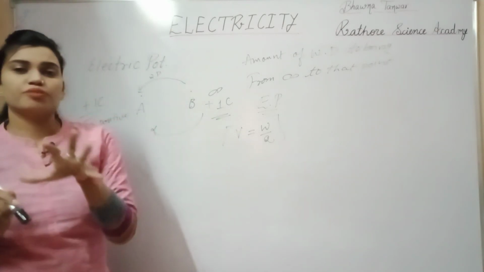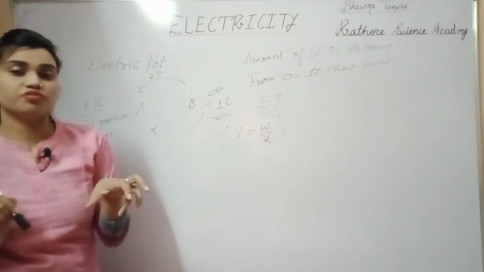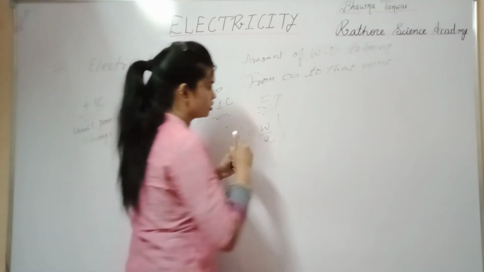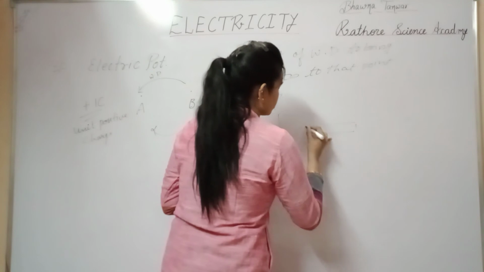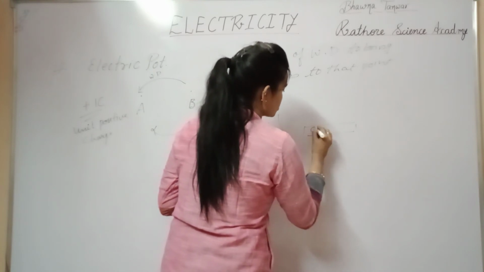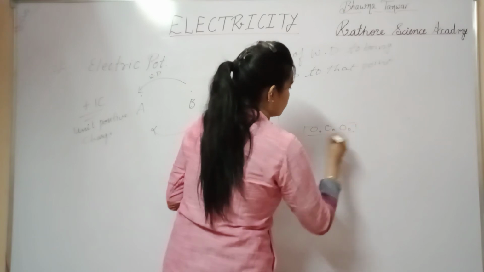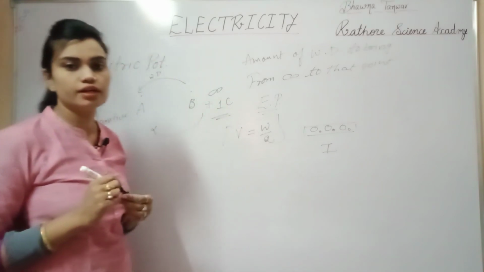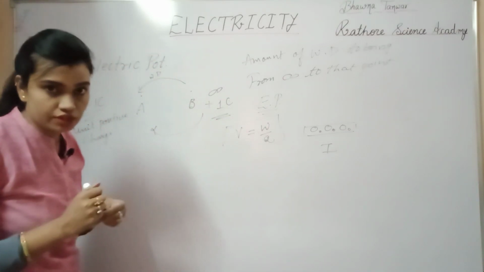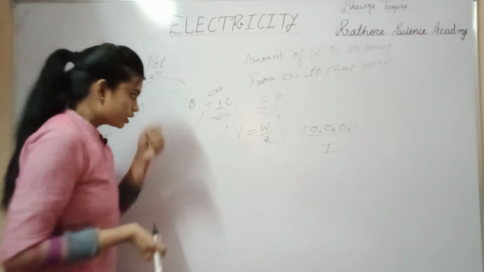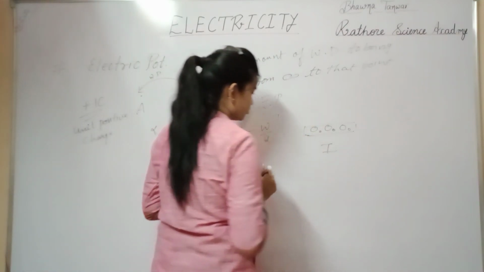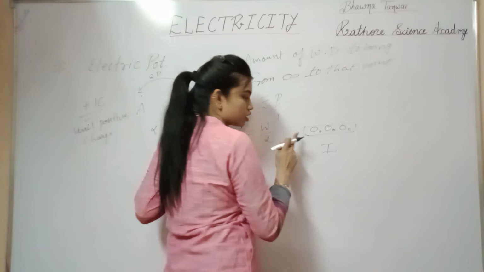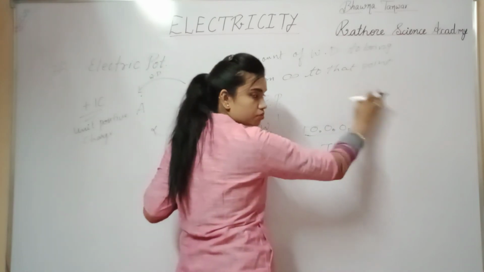Now see, why electric potential, or why potential difference, why do we create potential difference? We understand till now that there is a metallic conductor. Here small electrons are present, which are responsible for producing the current inside that conductor, that metallic wire, copper wire. Now if we talk about potential difference, we have discussed the amount of work done to bring a unit positive charge from one point to another point of the circuit, right?